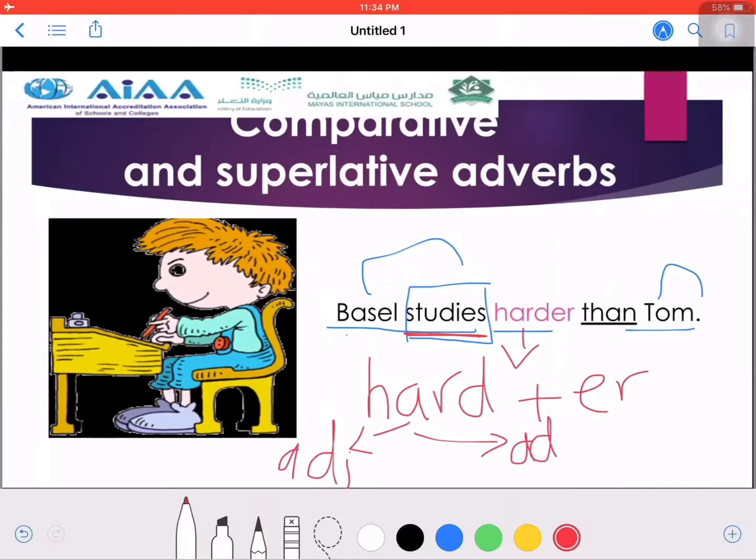Do not mix between the two ways. It's easy to distinguish between them. Sometimes I can say, it's a hard job. So I describe the job, I describe a thing, right? With the word hard. So now hard is an adjective.